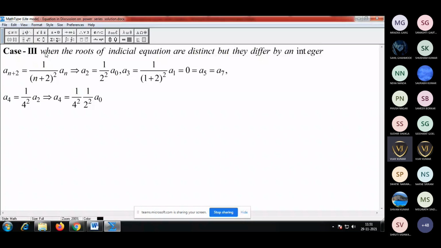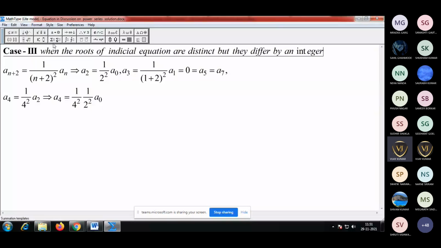But sometimes we are not going to get two linearly independent solutions. There will be some problem. Sometimes one of the coefficients becomes indeterminate, sometimes infinite. So in those cases, we need to discuss the solution separately.